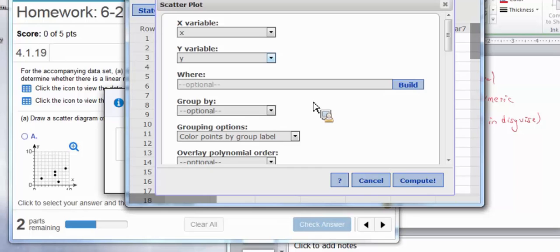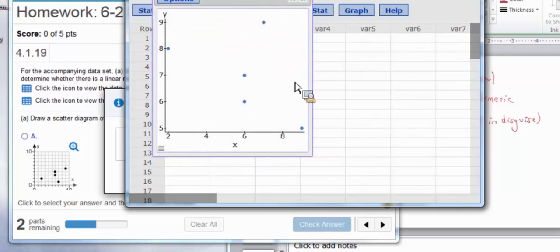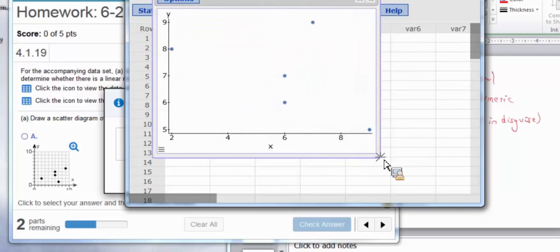I think that a lot of you who are using StatCrunch are getting used to how to input things into StatCrunch. Always some variables to be put in at the beginning. When you put enough in, you click compute, and here's the plot.